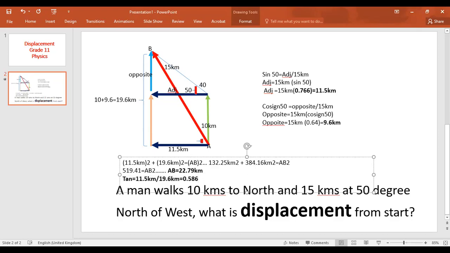Now we need to get this from a table. I'm going to search it online. I'm very sure I can find it.